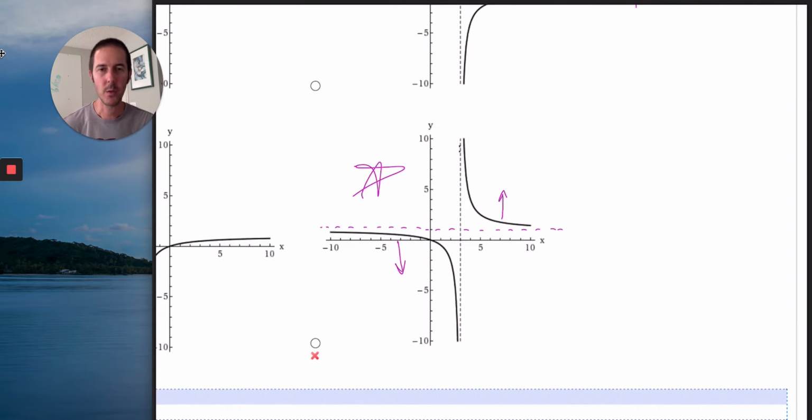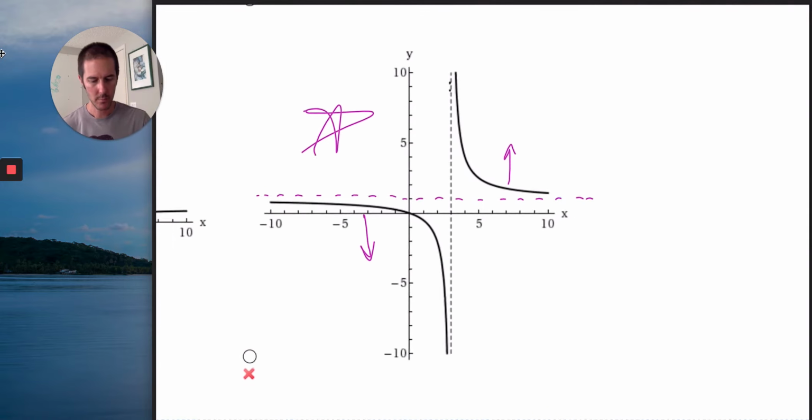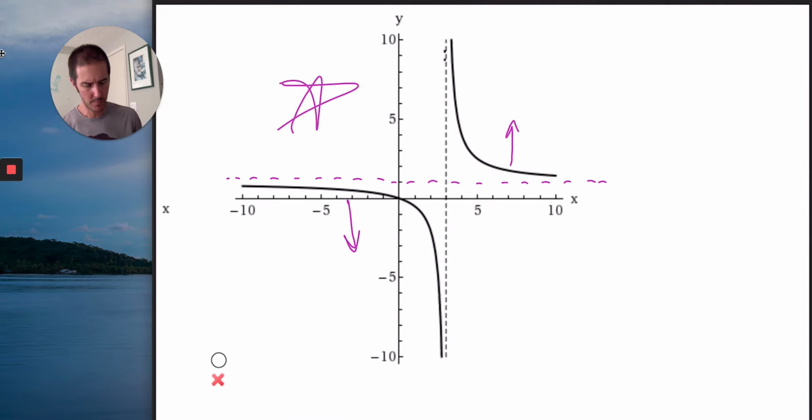No symmetry about the y-axis. There is, not that you would ever be asked for this, I don't imagine, this graph exhibits symmetry about what point? It actually does exhibit symmetry about this point right here, which is (3, 1). That's the intersection of the two asymptotes, the vertical and horizontal asymptote.